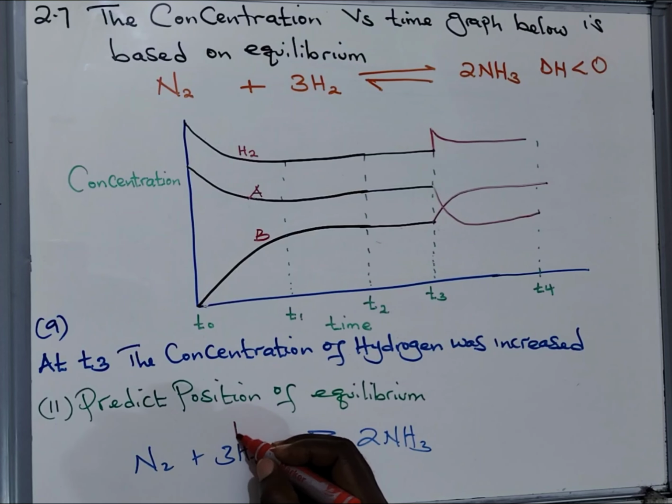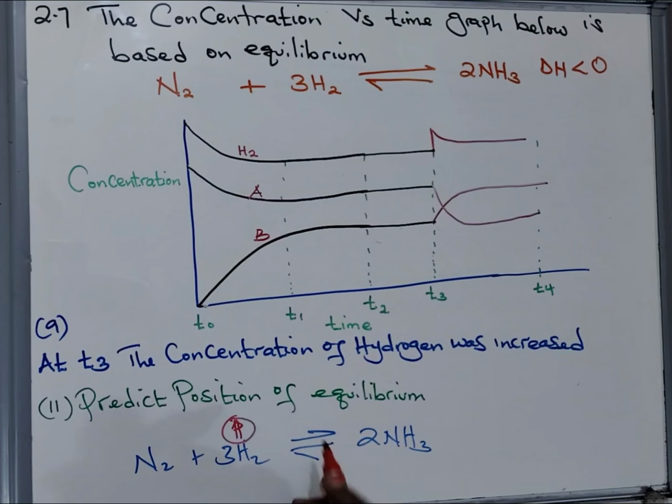So we have it here. And we said when hydrogen is increased, the equilibrium is disrupted and it needs to be restored. So what happens? Remember, whatever you do is supposed to be opposed. So when you increased hydrogen, there's a tendency for it to decrease.